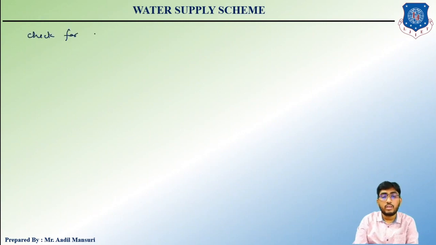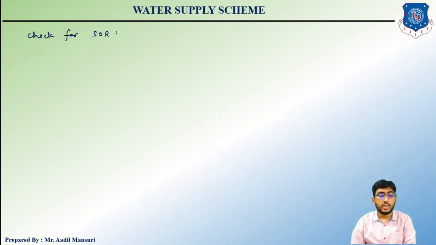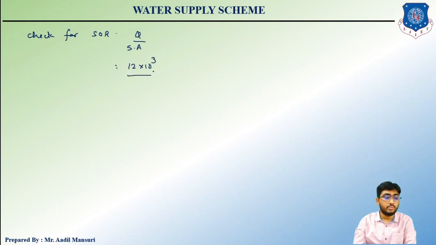So next step, check for SOR. SOR is the ratio of discharge per unit surface area. So that will be Q by surface area. How much was the discharge? 10 into 10 to the power 3 meter cube per day, right?